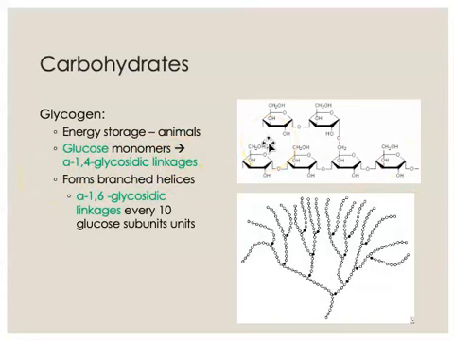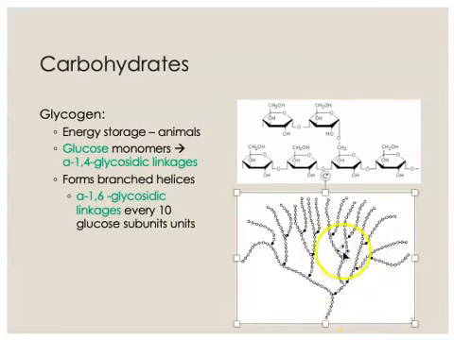One of the things that makes glycogen structurally distinct is the fact that the long chains of glucose molecules don't stay in a linear form. They twist into helices. Those helices, those linear helices, are then branched periodically, and you end up with something that looks like this.